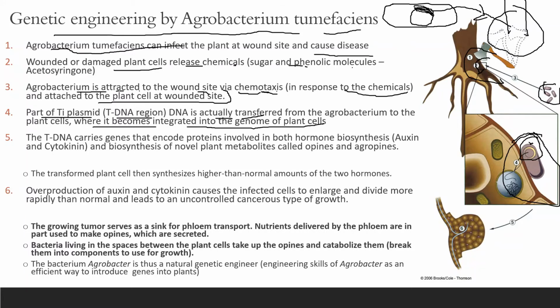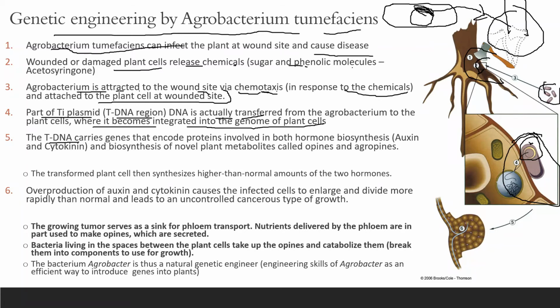What happens is the T-DNA of the Ti plasmid of Agrobacterium is transferred from the Agrobacterium to the plants. The T-DNA is the region of the Ti plasmid of Agrobacterium.